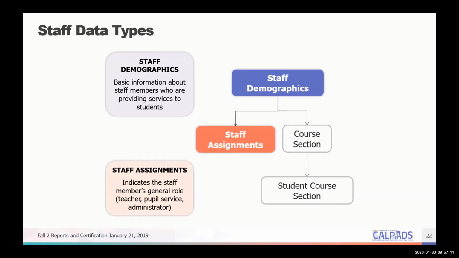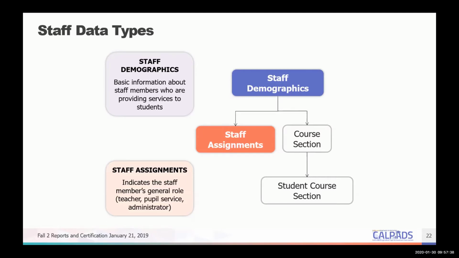So basically, as Nate mentioned, you have your staff demographics and staff assignments. Your staff demographics provide the basic information of each of your staff members that's being reported. It indicates the employment start date, race and ethnicity, and the staff service years, which is important to determine if a staff member is inexperienced or not.